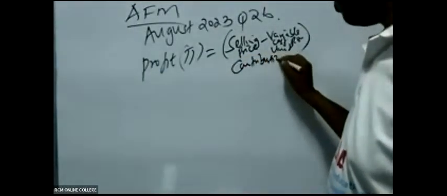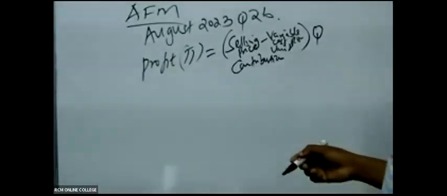What do we call this? We call this contribution. Then when you multiply by quantity, you get total contribution. Then when you minus fixed cost, you get your profit.